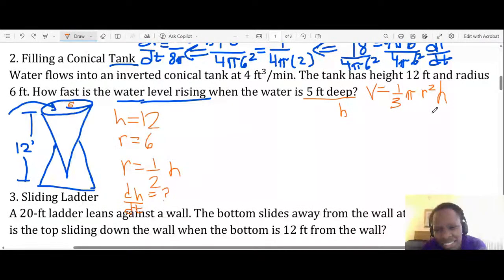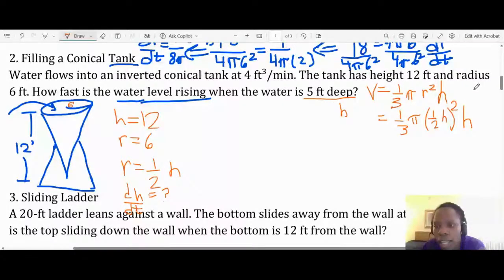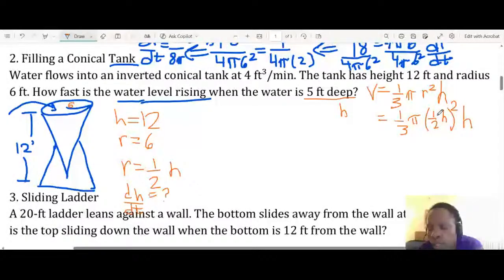Well, we may not even need to do any substitution at all, but let's see. No, we do. So let's replace r with 1/2 h, so that's going to be an h cubed, and then this 1/4.